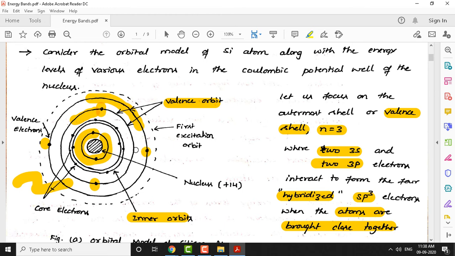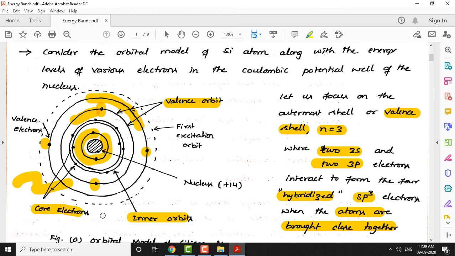Each one of these orbits holds 2 electrons. The 3s shell holds 2 electrons and the 3p shell holds 2 electrons. Therefore, there are 4 electrons in total in this silicon orbital model. The electrons in the inner orbits are called core electrons.